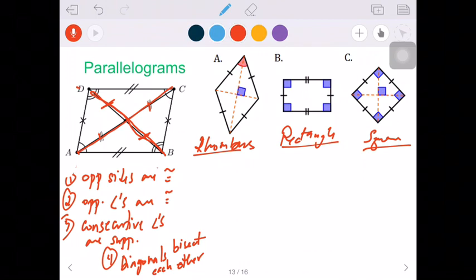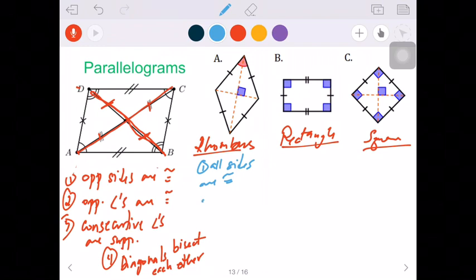Let's try rhombus. When you see the rhombus here, the first property that you can tell is that all its sides are congruent. That's the first property that we can take note. And that is in addition to the first four properties of the parallelogram. So that would mean rhombus as well would follow the other four properties of a parallelogram.